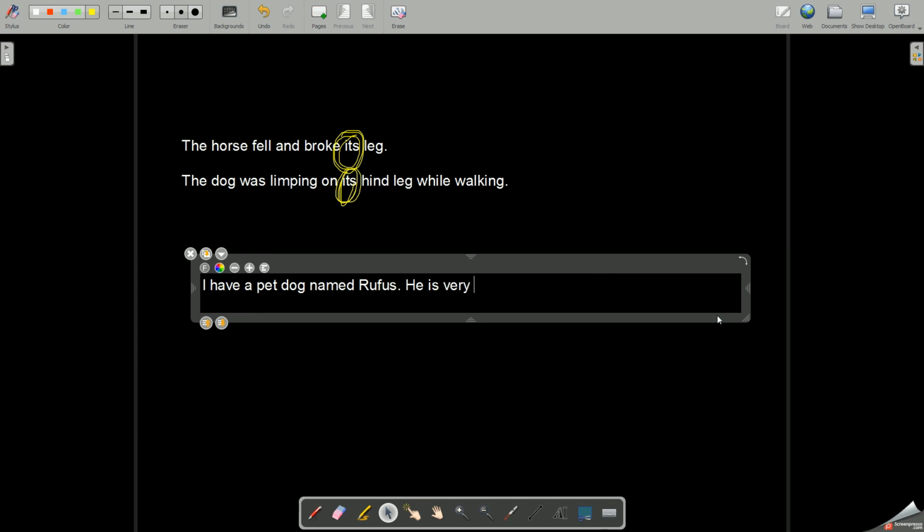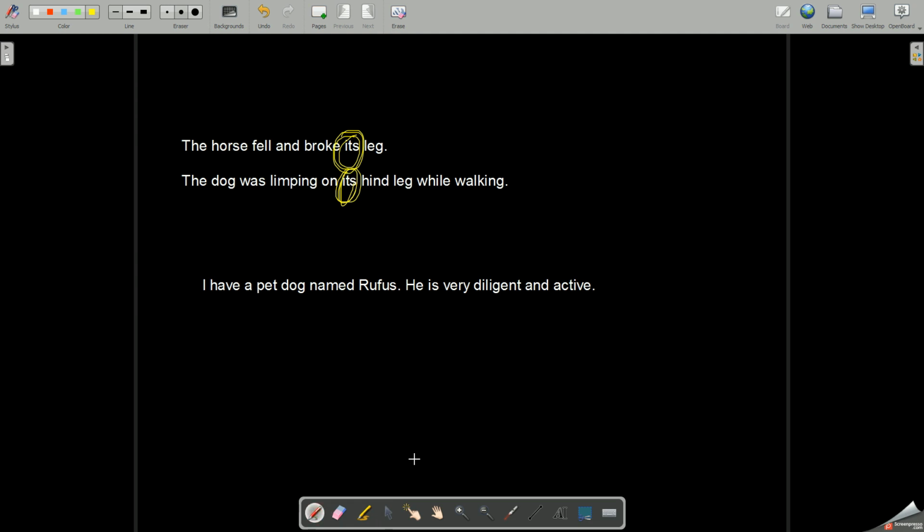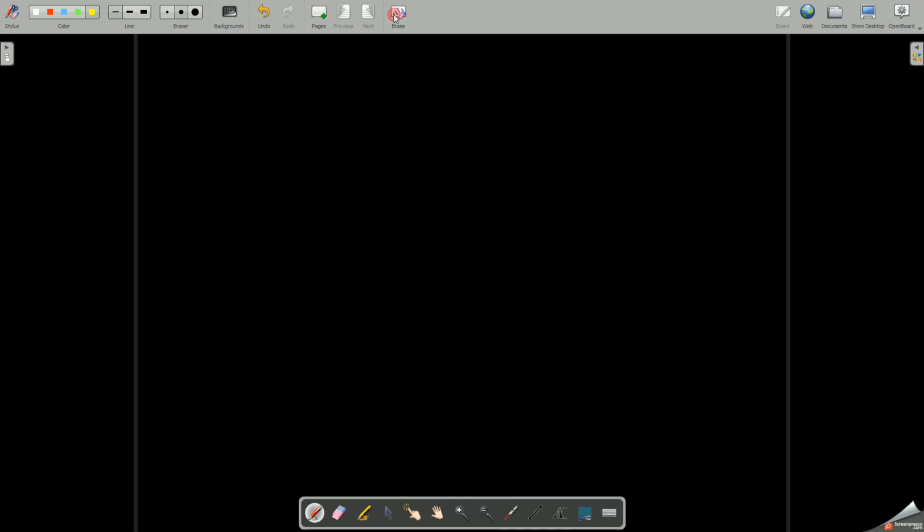He is very diligent and active. Because most of the times it happens that pet dogs become a member of your family, so you don't want to refer to the dog as it. Mostly you might have seen that Americans usually use he or she. Specifically, they make use of the gender in order to refer to their pet animals. So over here I have used he is very diligent and active. So it's up to you what you want to use, but normally what is used, it.